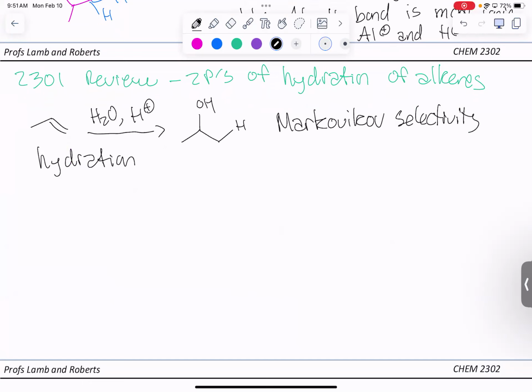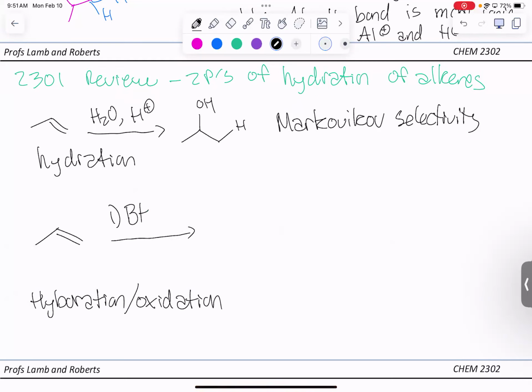You can also think about hydroboration-oxidation as a sequence. You've already learned about this. So we could take that same alkene and have two sets of conditions, which is borane, or BH3, and then hydrogen peroxide, water.